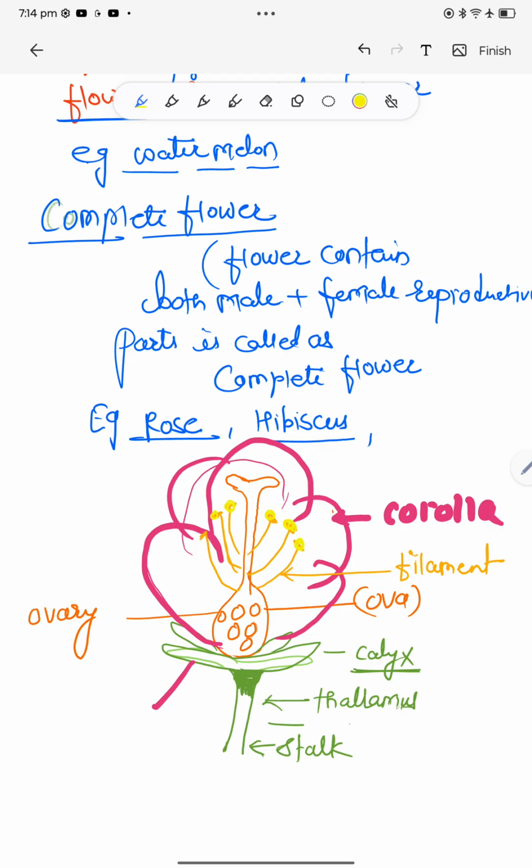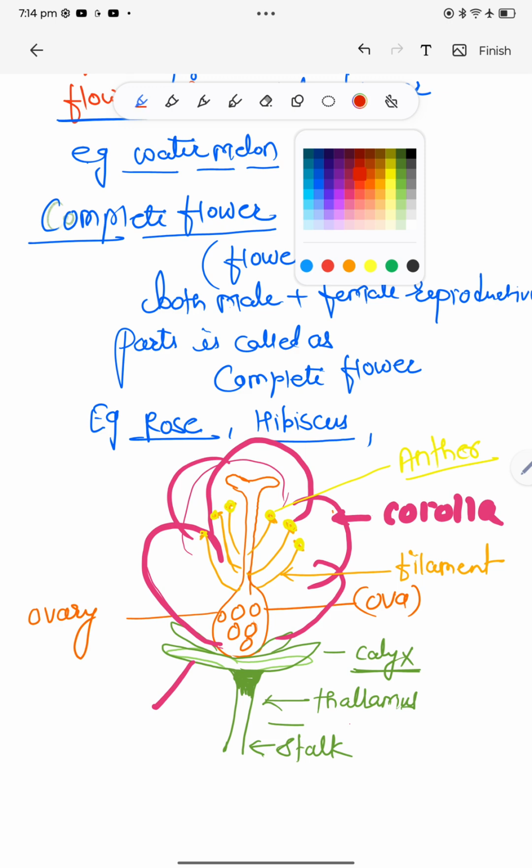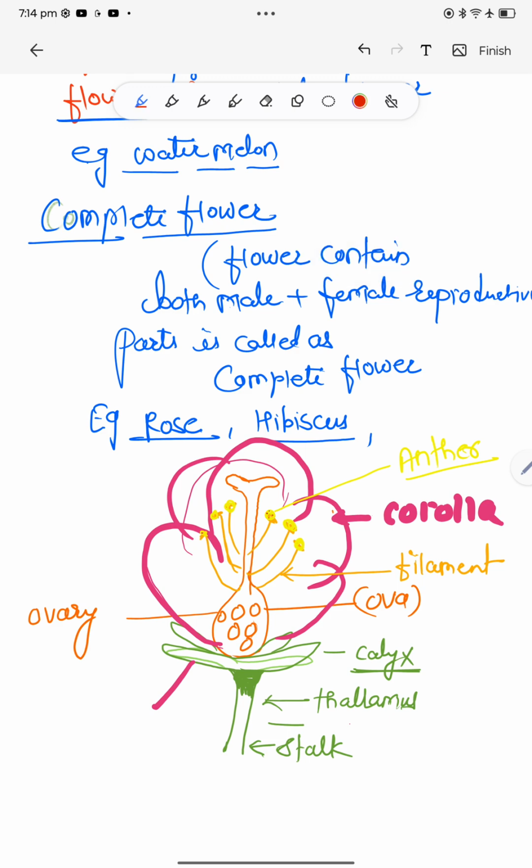The anther produces dot-like, dusty particles, the pollen grain. So this is all about the structure of the anther.